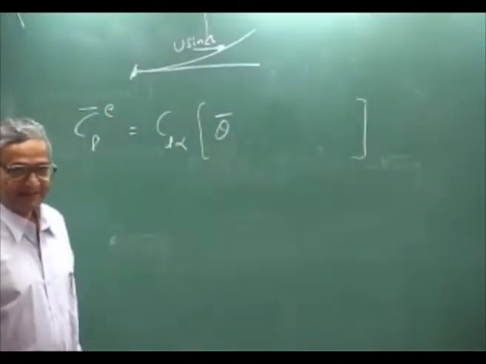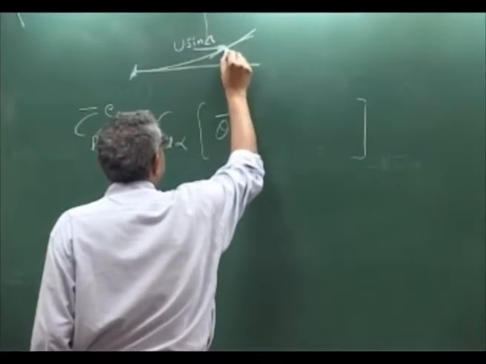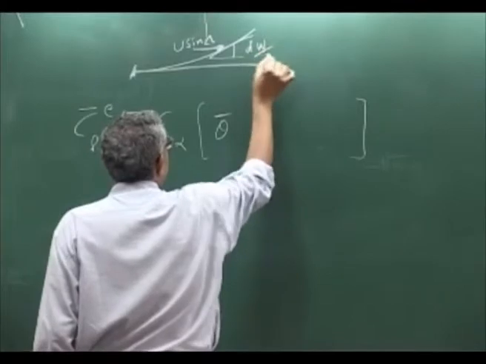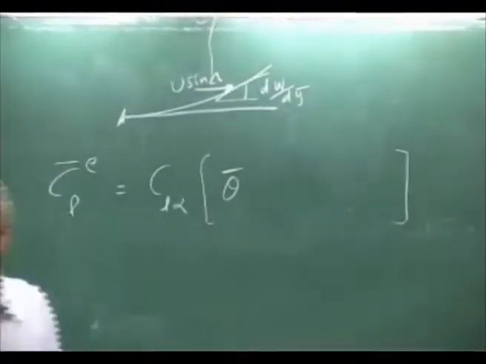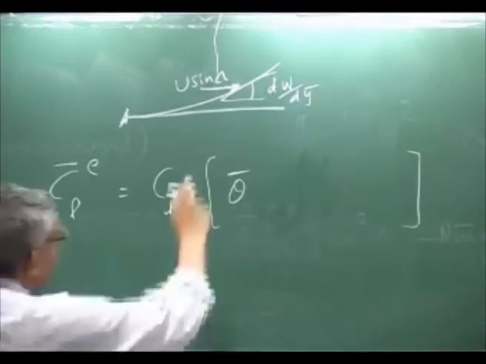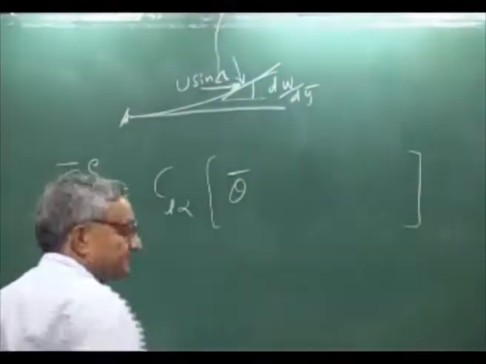Okay, and the normal component, this is the slope of the deformation in bending. Now you can have a normal component.